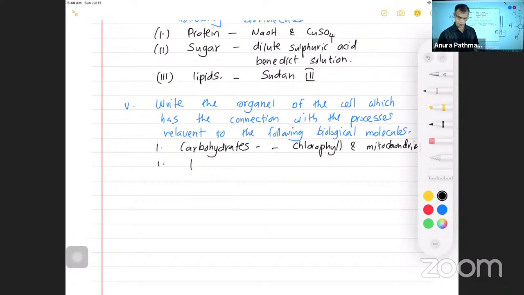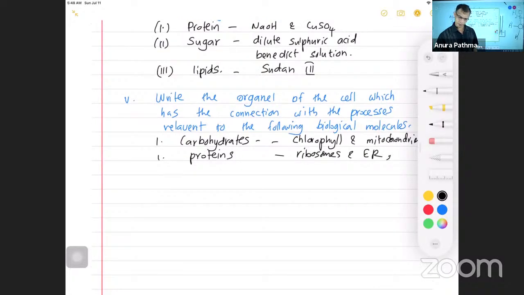Second one, protein. What is the organelle relevant to the process? This is not an organelle, but still you can say what? Ribosomes and ER.